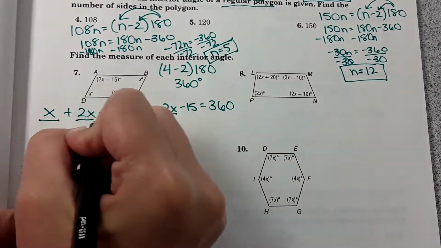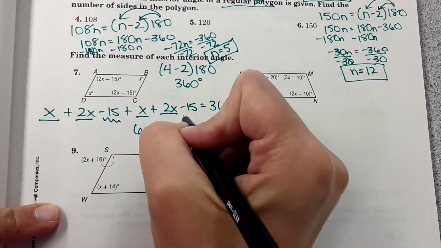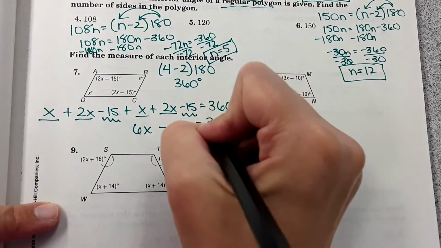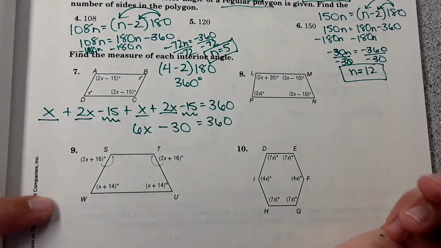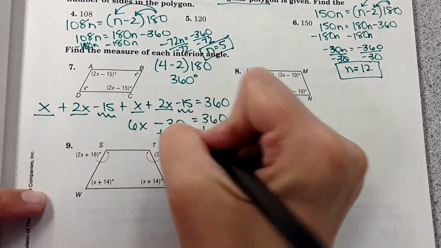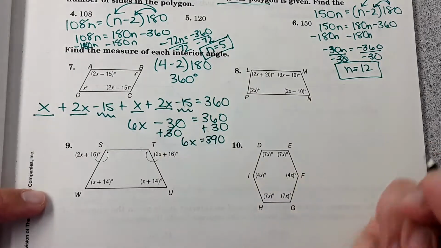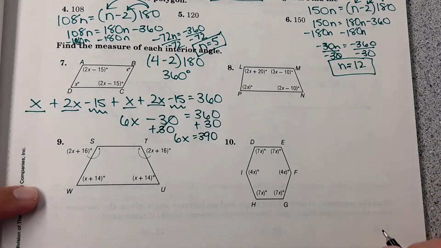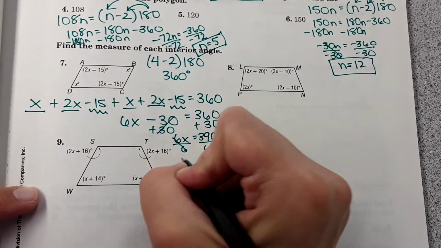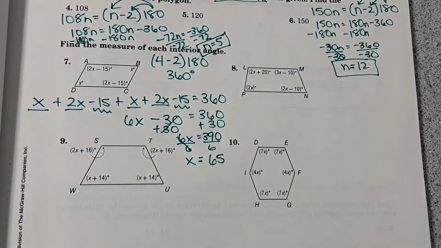I'm going to add all these x's up to get 6x. Add the negative 15 plus negative 15 would be minus 30. I get x equals 65.